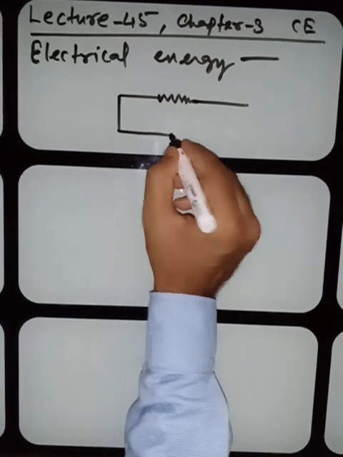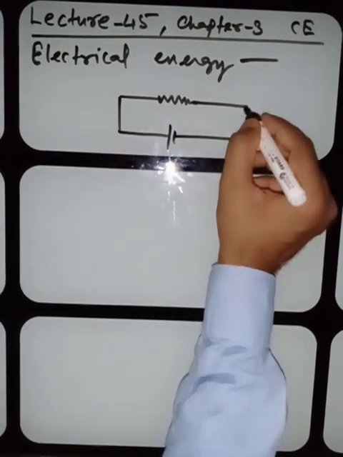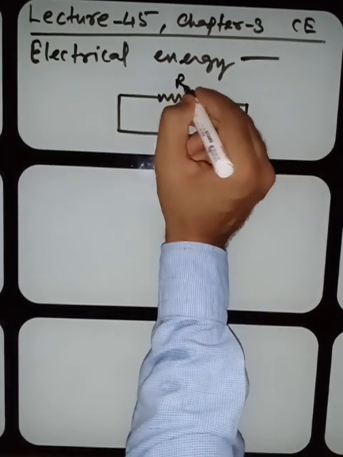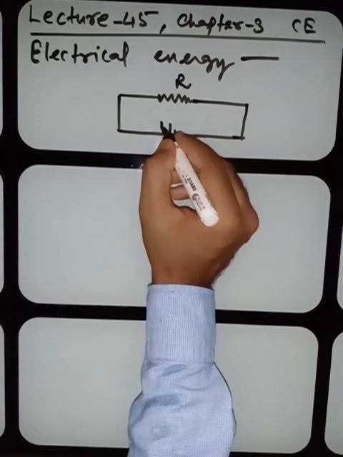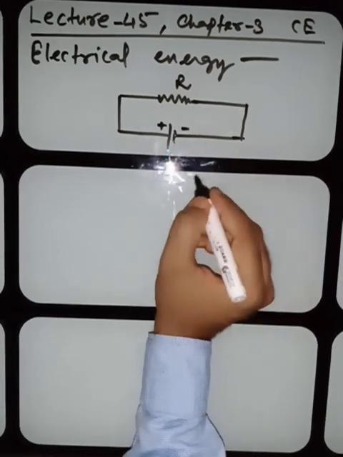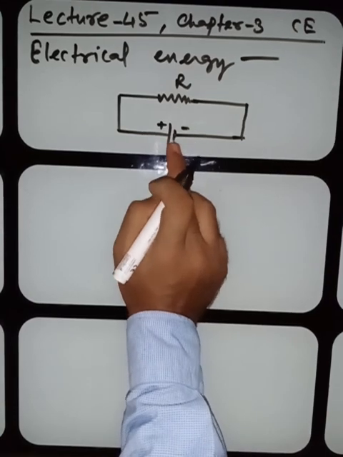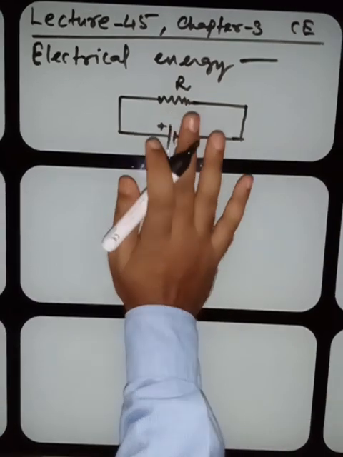One resistance R is connected with the source of EMF, that is the battery or the cell, with the plus and minus terminals. This battery works for the resistance.